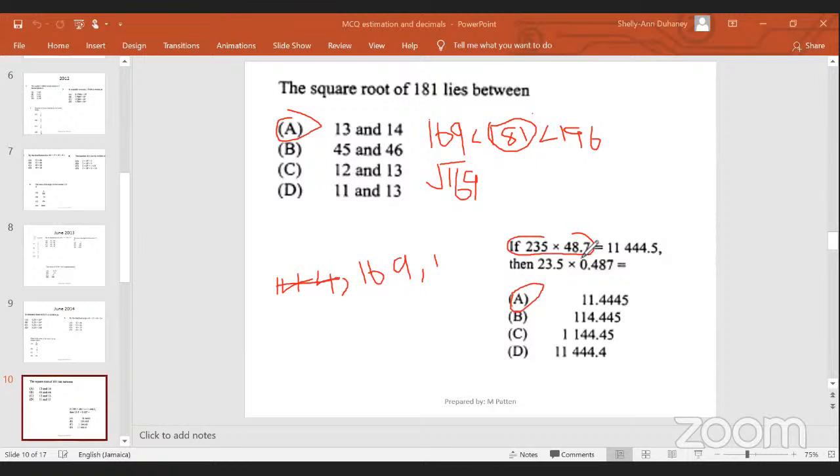Because of one decimal place, I put the point at one decimal place. But in the other question, how many decimal places do we have? 4. So we count 1, 2, 3, 4. So it is 11.4444. So A is correct.